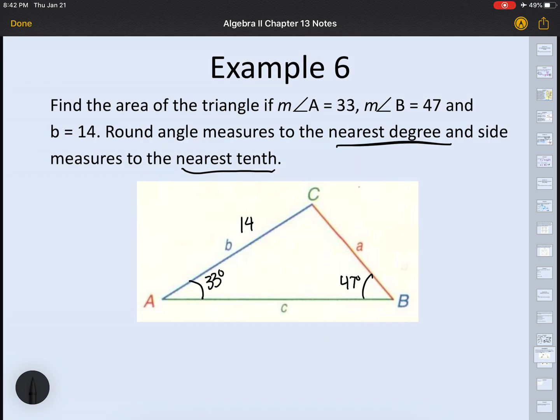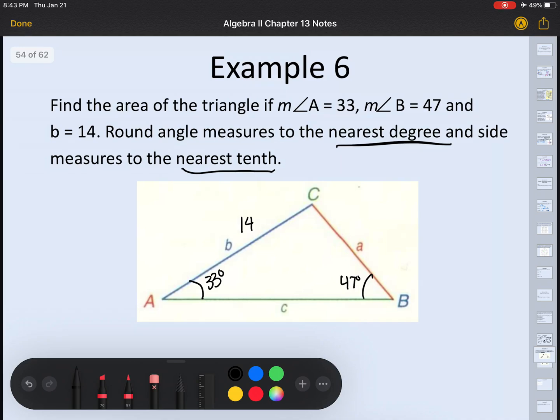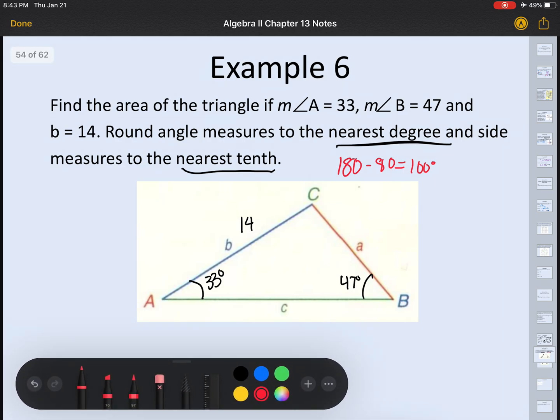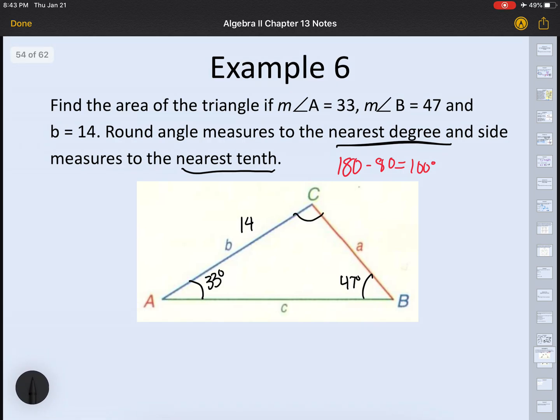I know that I have 2 out of the 3 angles, so I'm trying to figure out what angle C is. I know the whole triangle is 180, and if I sum up the 2 angles that I know, 33 and 47, that is 80. So 180 minus 80 is 100 degrees. So I know angle C is 100 degrees.